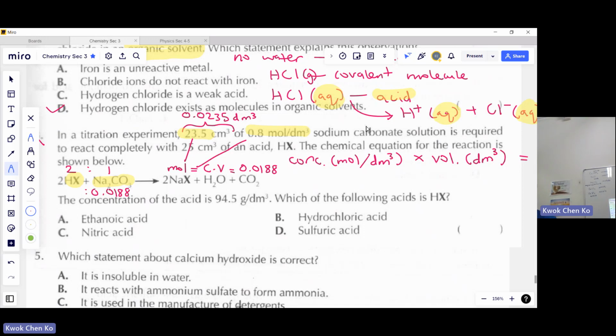The ratio is 1:2, or 2:1. So I would need 0.0188 times 2. Let me see what's the answer. 0.0376. So for HX, I will need 0.0376 moles.